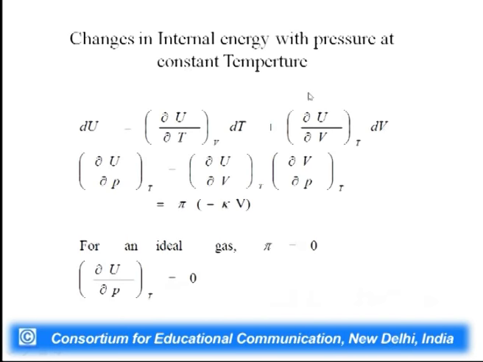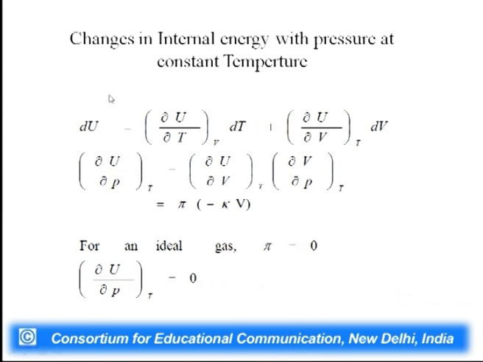Now, suppose we want to know how internal energy changes with pressure at constant temperature. We can use this equation: dU is equal to del U by del T at constant V dT plus del U by del V at constant T dV.